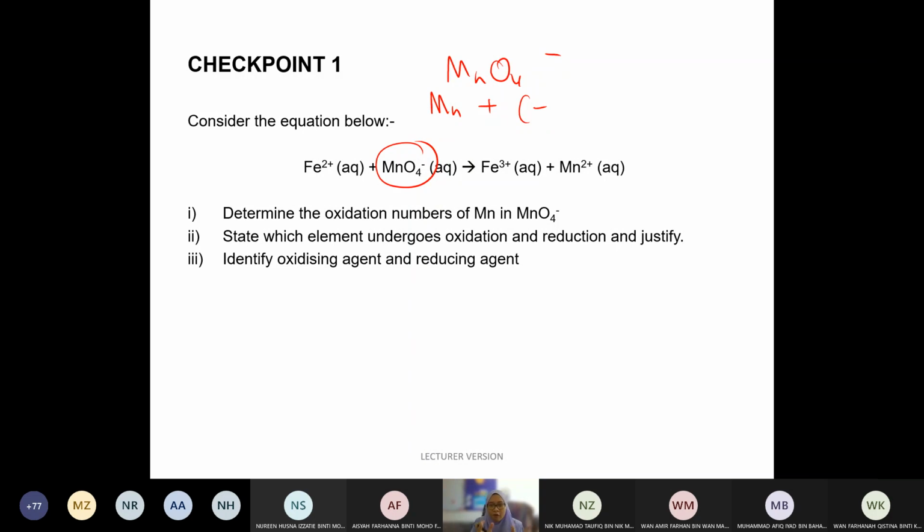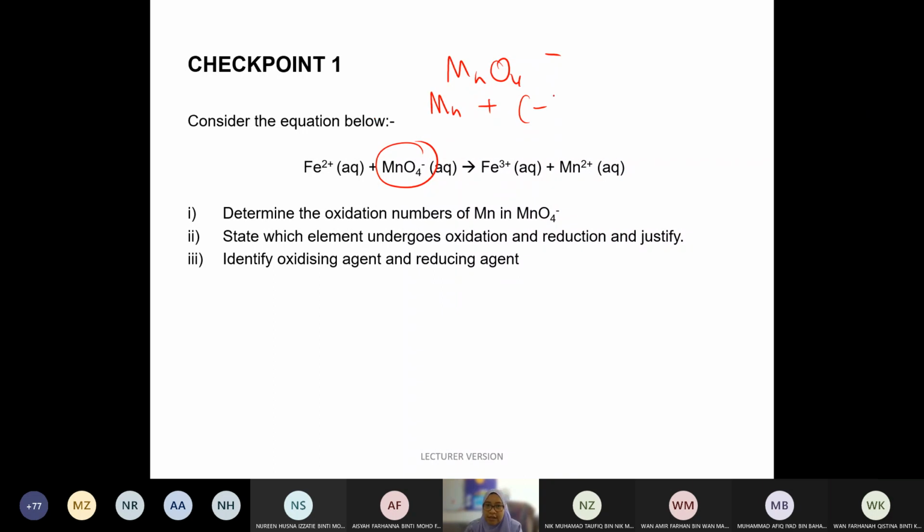Not everybody can form compound with superoxide dengan peroxide, sebab superoxide dan peroxide ni dia quite unstable. Kalau dia di form, bila dia dissociate, dia become unstable. But this is different compared to oxide, that's why oxide is the most common ionic state for oxygen.